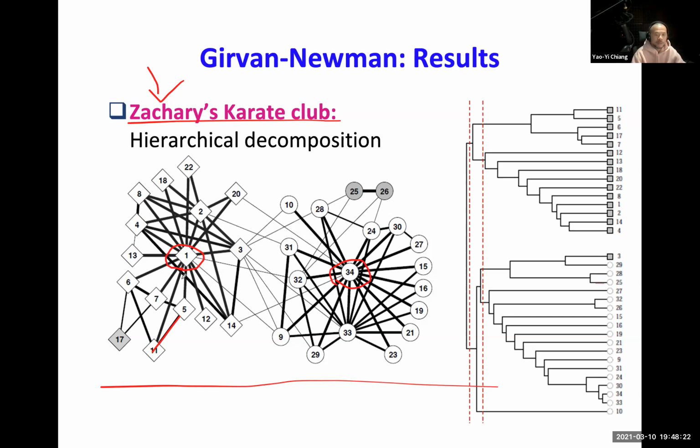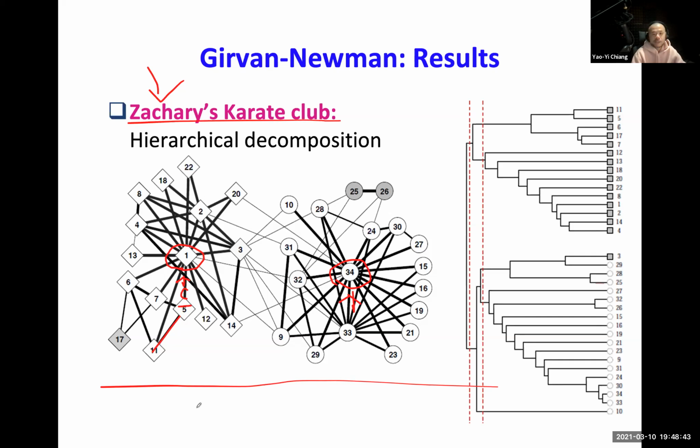I think one of them is the coach. I don't know if the instructor in the karate club is still called coach, but the coach. And the other one is the head of the parent association committee of the karate club.